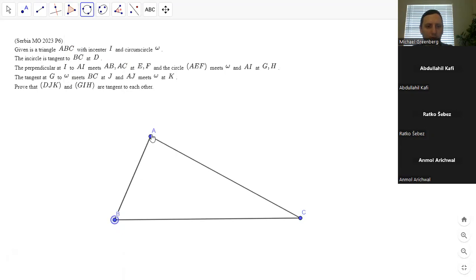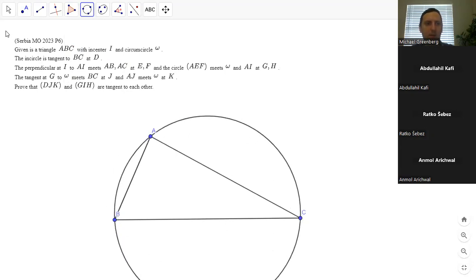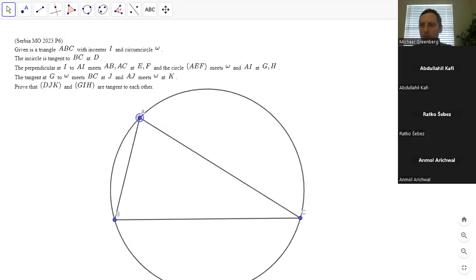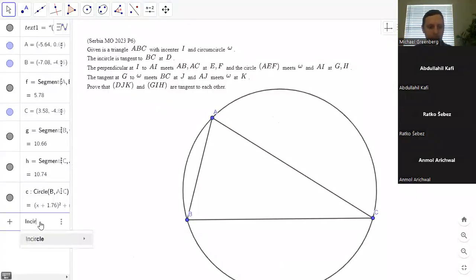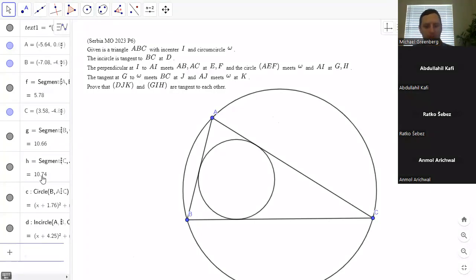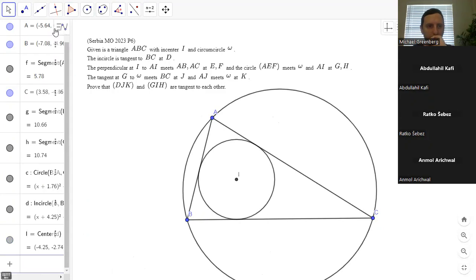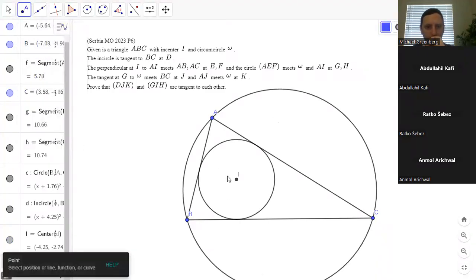I is the incenter, and omega is the circumcircle. There we go. And its tangent at D.